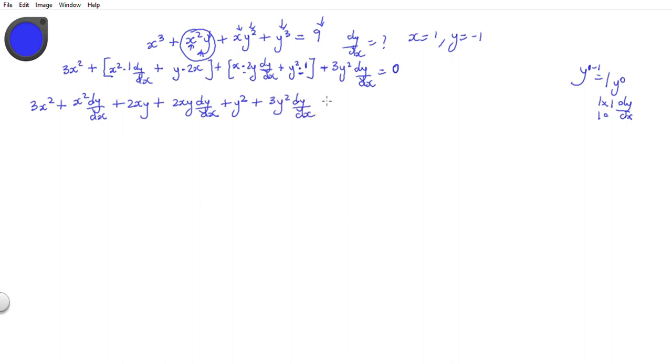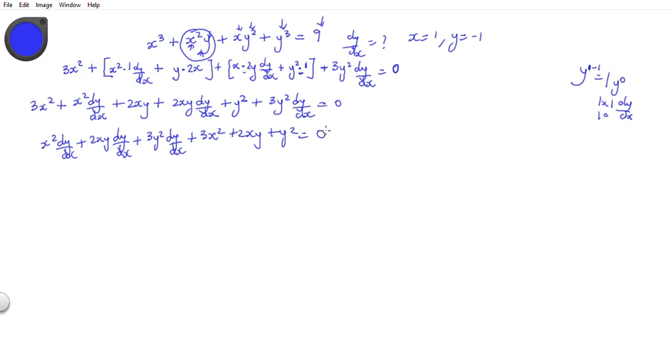So all we have to do now is bring all the dy/dx together, since we have so many of them. The idea is you have to make dy/dx the subject of the formula. So factorizing, we have x squared dy/dx plus 2xy dy/dx plus 3y squared dy/dx, and everything else goes to the other side, equals 0.